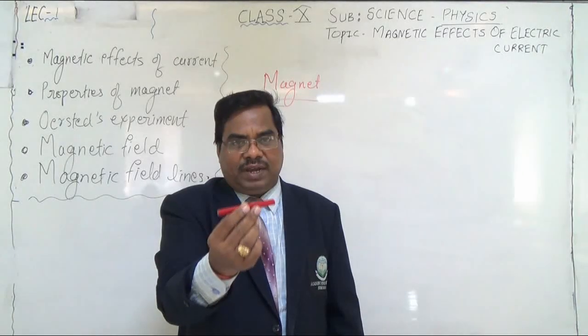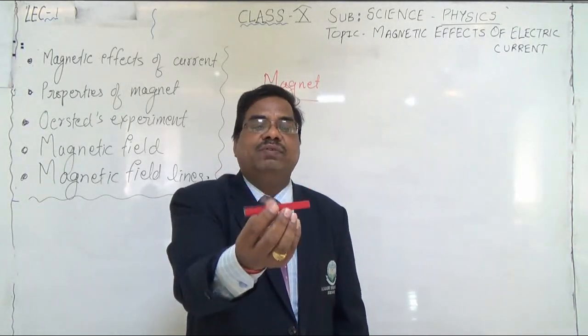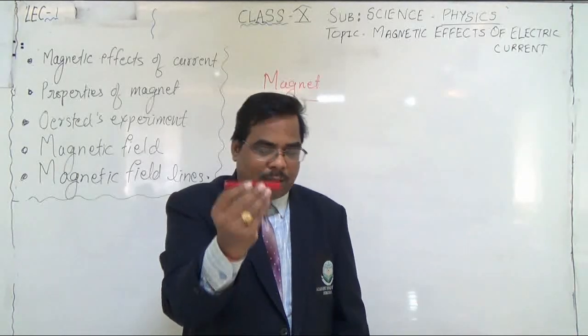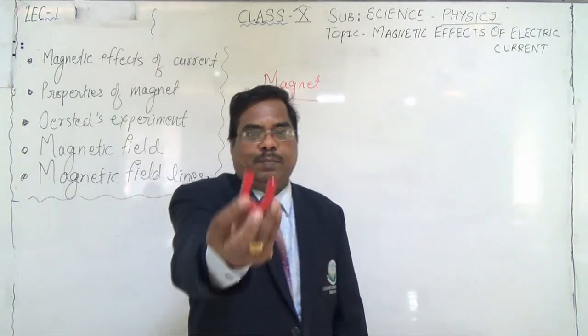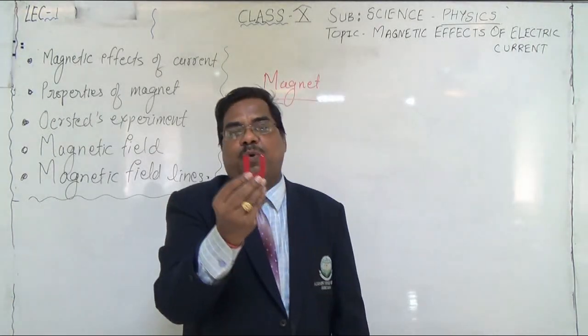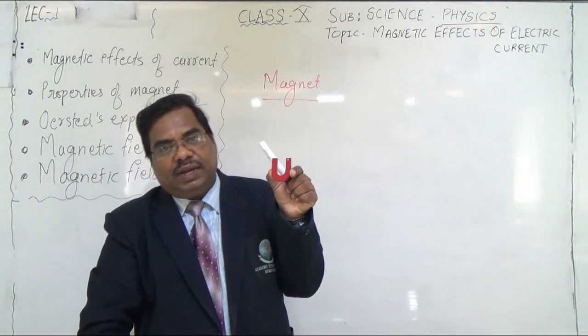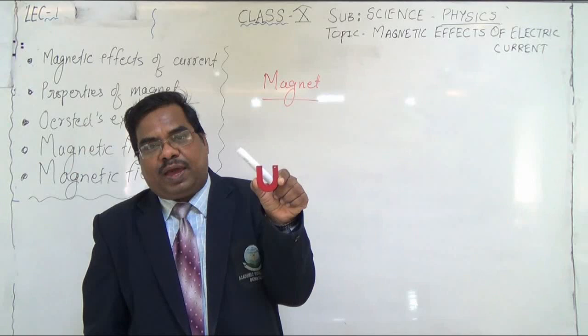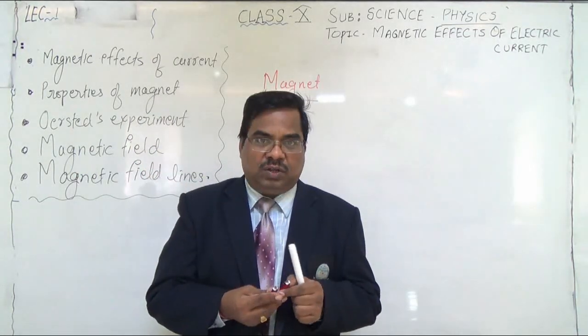It's iron only, it's an iron bar, but because of its magnetic property, we say this is a bar magnet. Similarly, this is another magnet which is in the shape of the English letter U. It is called a U-shaped magnet, or even we call it a horseshoe magnet.